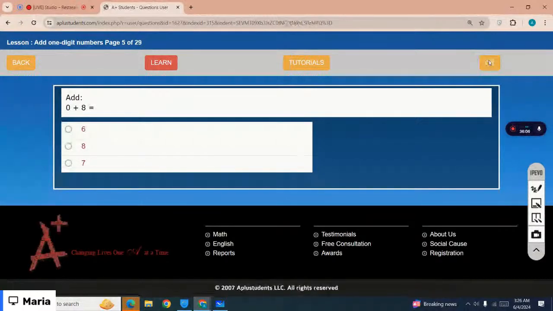Eight plus 0 equals, yes, 8. The correct option is 8. 4 plus 4 equals, yes, 8. The correct option is 8.